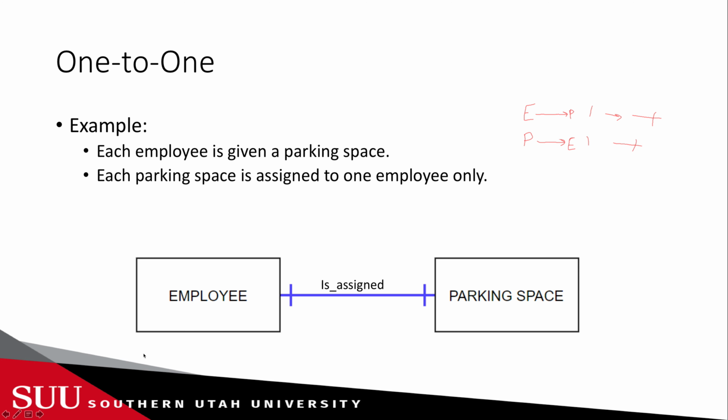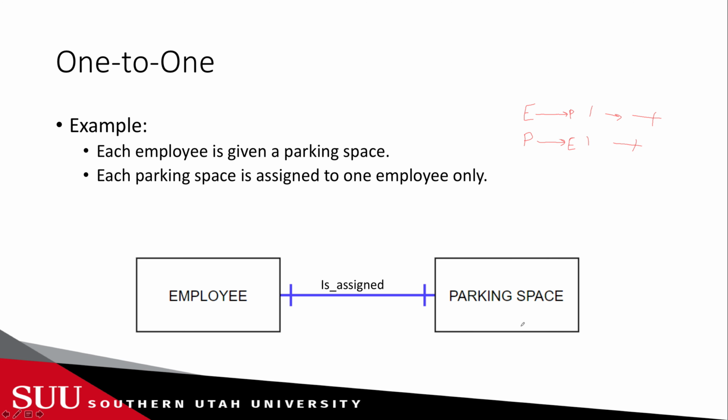So I'll say each employee is assigned a parking space, and the parking space is assigned to one employee. Now, when you are reading, you will read the notation that's further away from the entity that you're starting with. If I'm starting with employee, I will ignore the first one right here and read the other one on the other side.